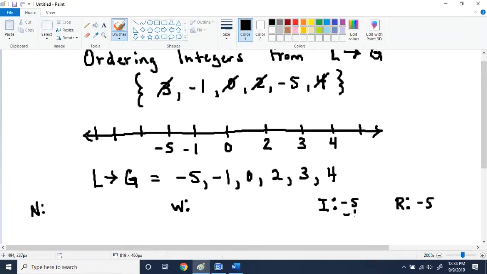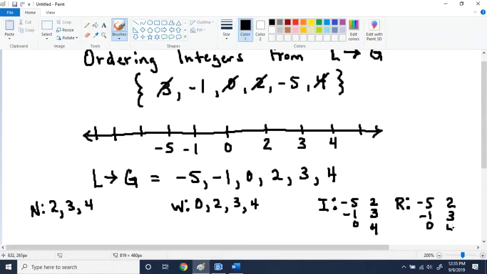Negative 1 is an integer and a rational number. 0 is going to be a whole, an integer, and rational. 2 is natural, whole, integer, and rational. 3, natural, whole, integer, and rational. And 4 is going to be a natural number, a whole number, an integer, and a rational number.